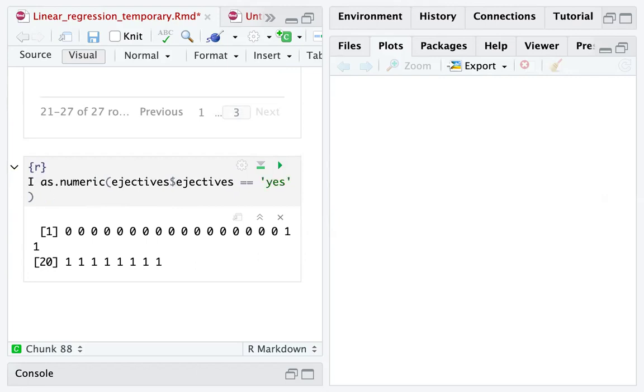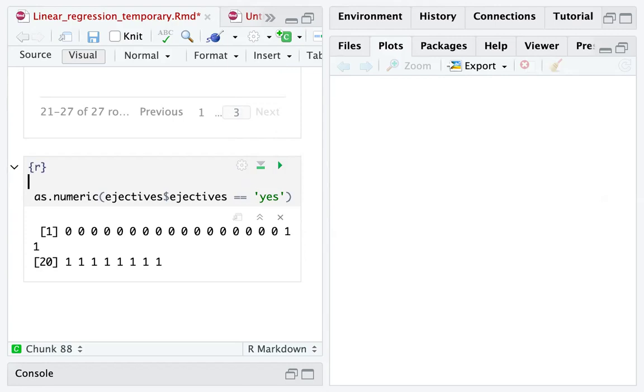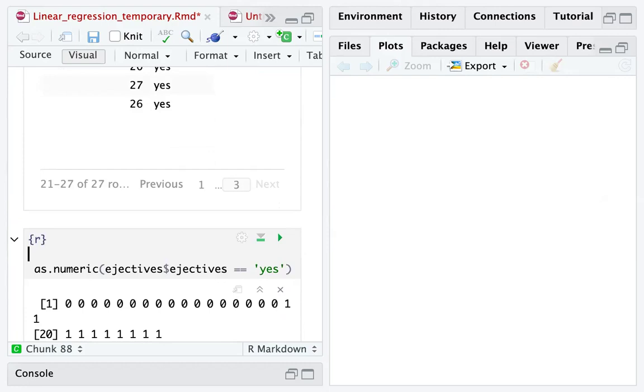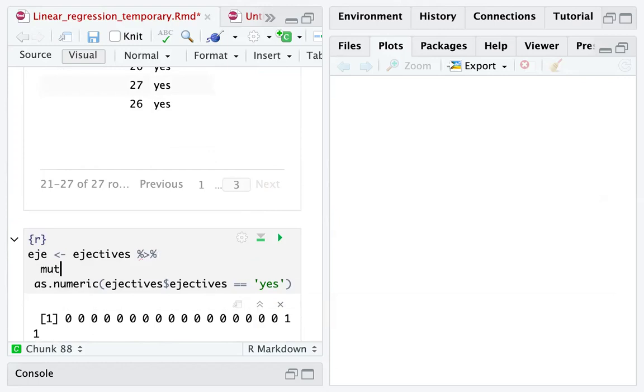So now maybe let's use some tidyverse stuff. So we define A as adjectives where we mutate these adjectives and make a new column is adjective where we save this vector here.